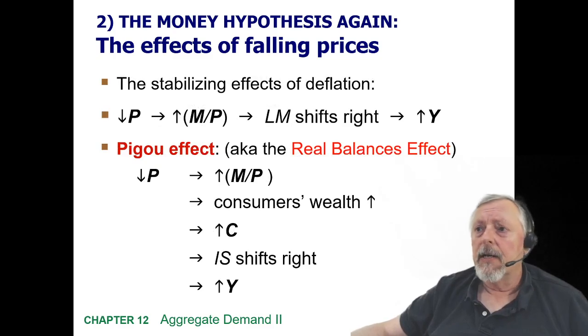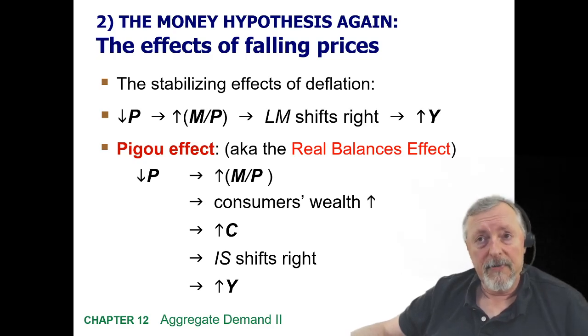Let's look at that. The great Irving Fisher argued at the time, at the beginning of the Great Depression, that we should just allow prices to fall. The economy would adjust, it would reach equilibrium again, and all would be fine.